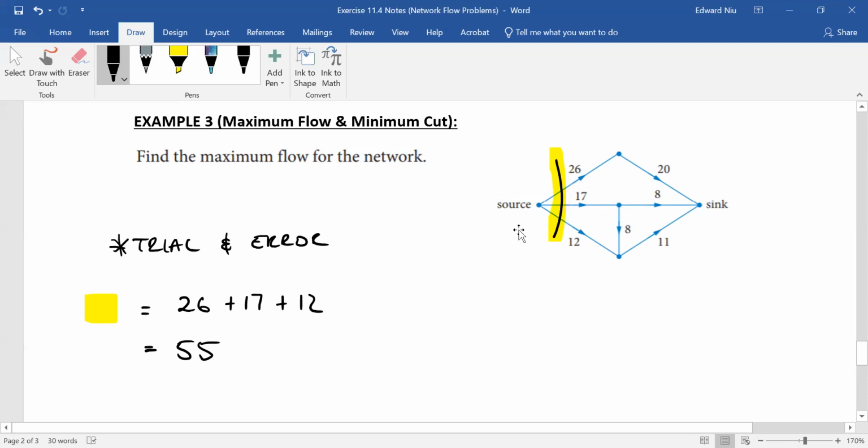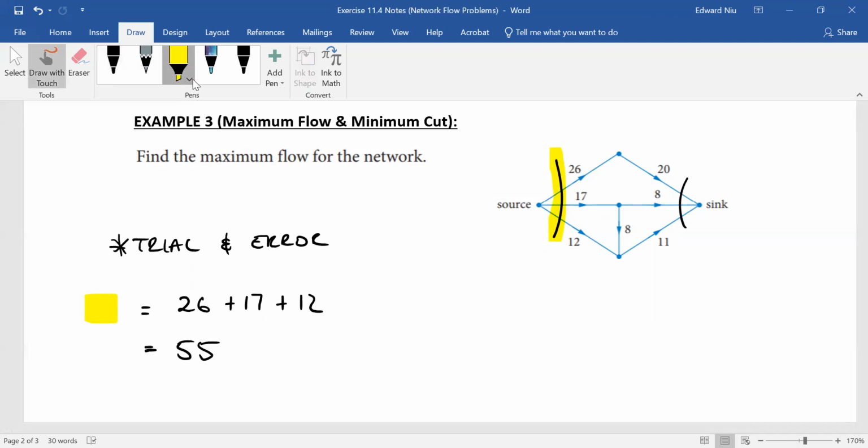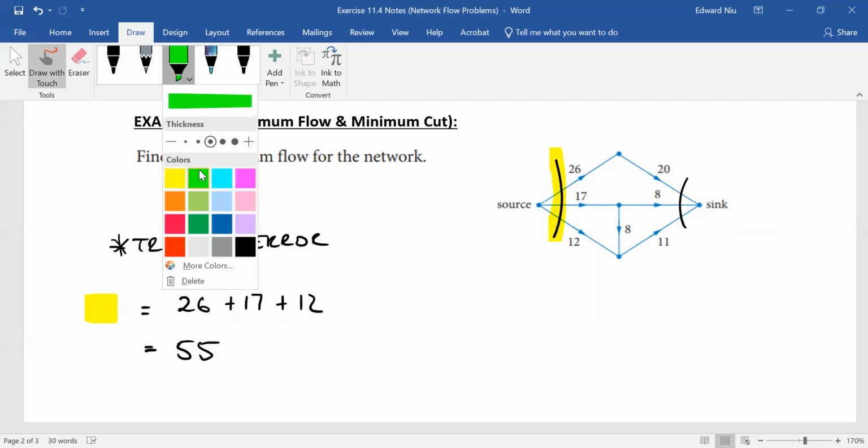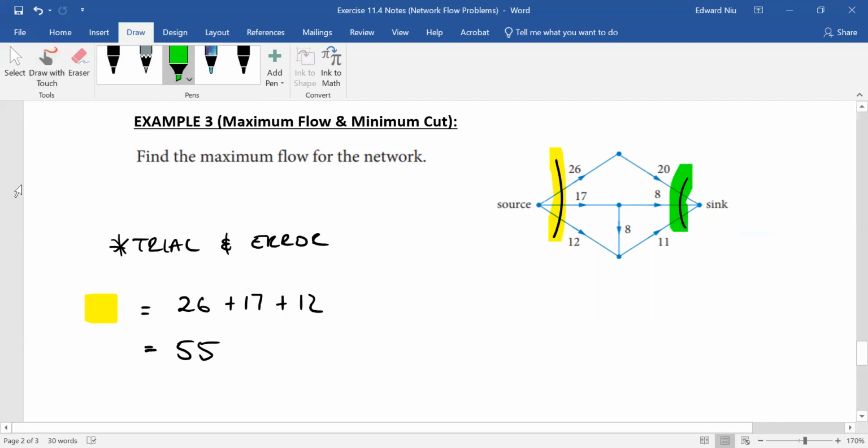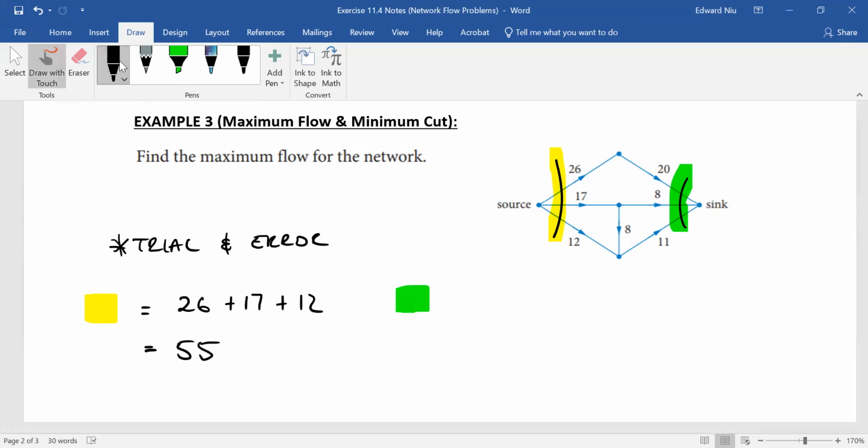We can definitely get lower than 55 if we were to just change our cut to something like this. So if we called this one the green cut, the green cut is going to be 20 plus 8 plus 11, which is going to be 39.